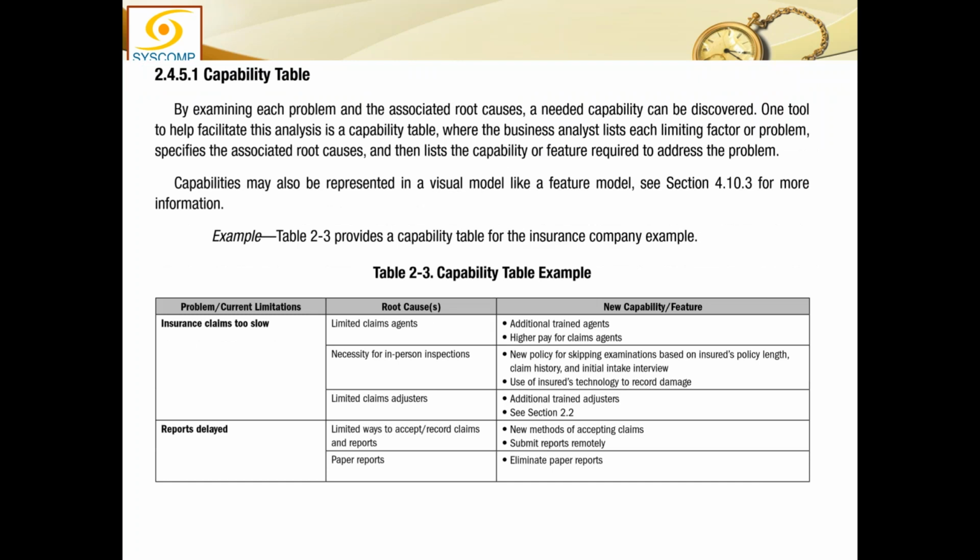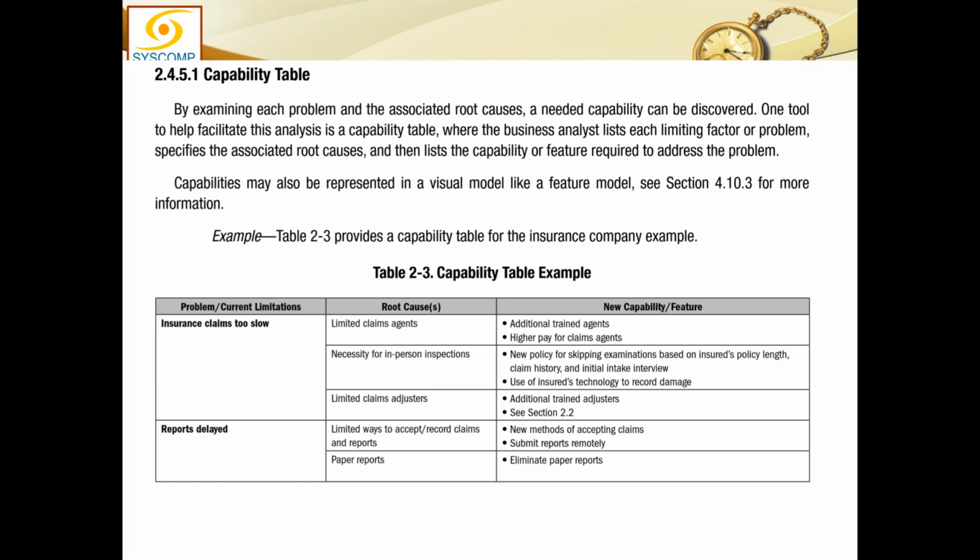By examining each problem and the associated root causes, a needed capability can be discovered. One tool to help facilitate this analysis is a capability table. This is a capability table in front of you, where the business analyst lists down each limiting factor or problem.